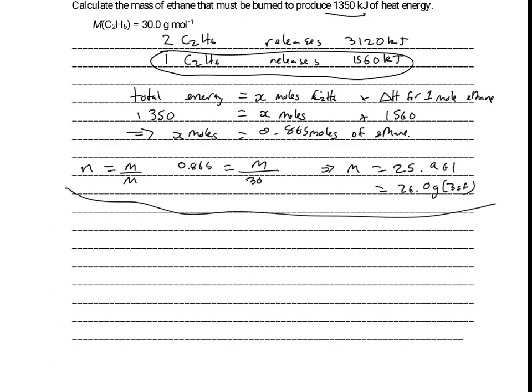The other way that people might do it is you take the energy that you know is released, which is 1350, and you divide it by how much energy is released per 1 mole of a substance, which is 1560, and that gives you a ratio of 0.865, and that's equal to the number of moles of a substance, and you can then go through and do this step here.